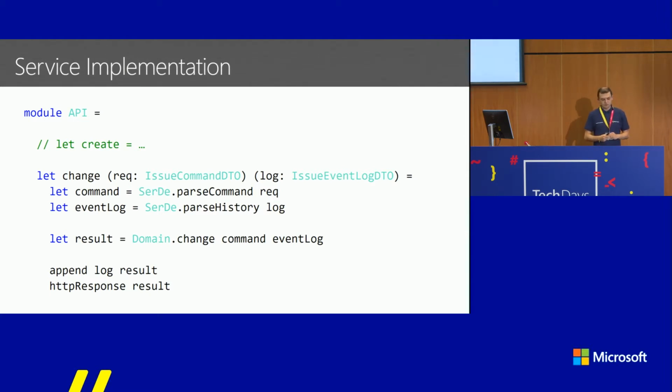And then we call 2 additional functions. One is to append the result to the log, only if the result is successful, that function will take care of that. And the last statement is always the return statement in F#. There is no return word because it's always true. It returns an HTTP response to the client based on the result of our calculation.